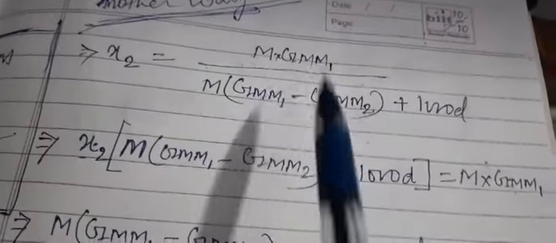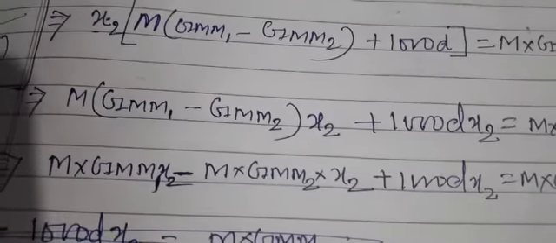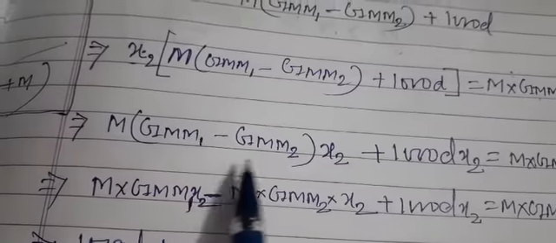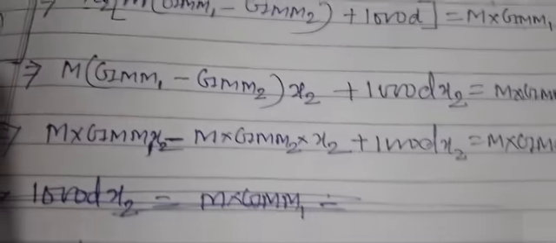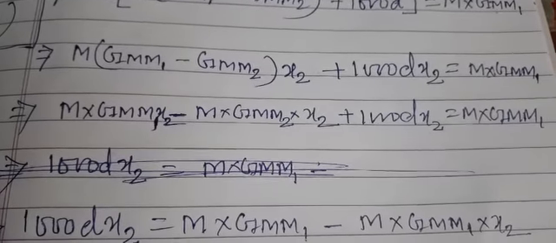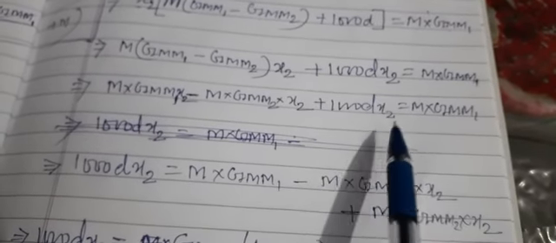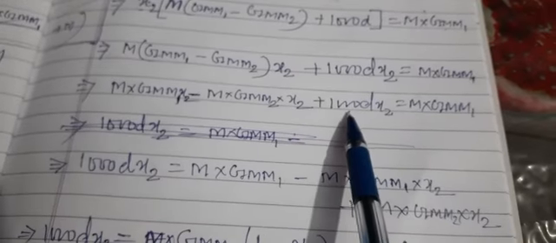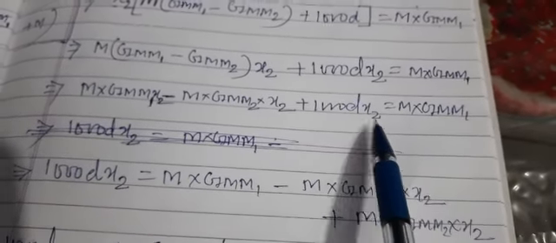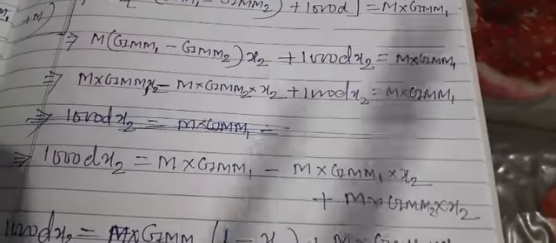Now calculate it, x2. So I have calculated it. After the calculation you are getting the rearrangement. Now this is minus, this is plus. So you keep this 1000d x2 at this place and move this one and this one to this side.